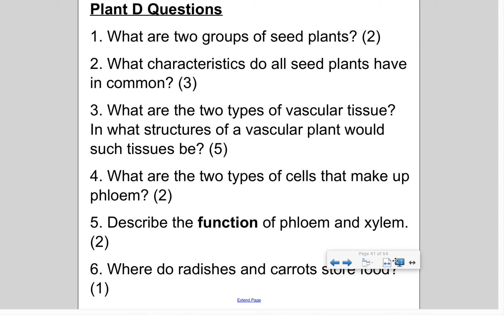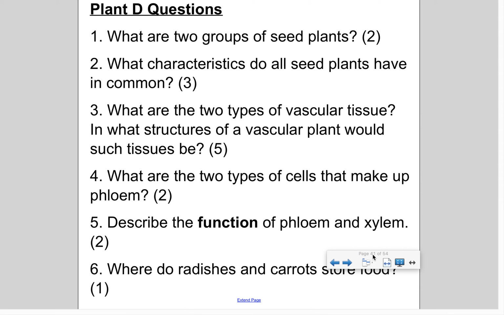Okay, so that's it for today. Your assignment is the Plant D questions, which are here, but they're also typed out on Google Classroom. I'm going to make them due on Wednesday by 3:30 p.m. It's all about xylem, phloem, and seed plants overall.